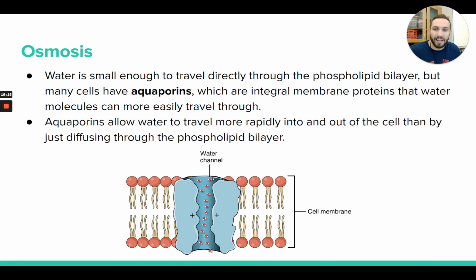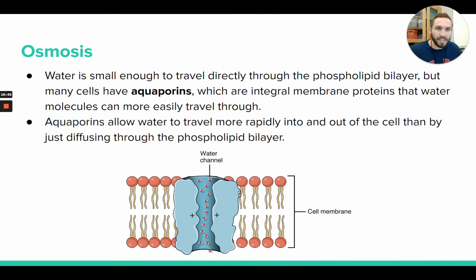And then, like I said, water has a hard time going across the phospholipid bilayer. It can. So water molecules, because they're tiny, can slip through these phospholipids, even though the middle of the phospholipid bilayer doesn't like water. It just happens really slowly.